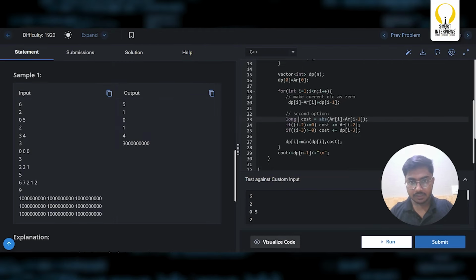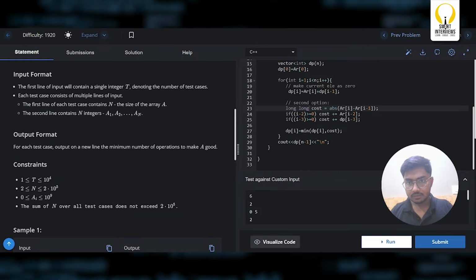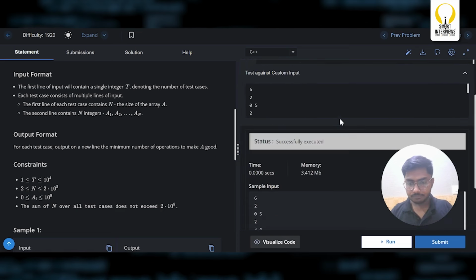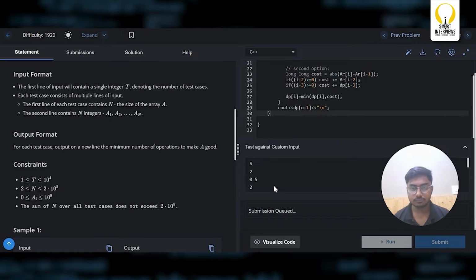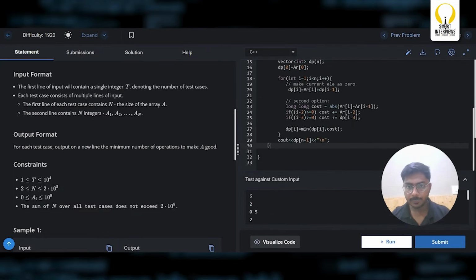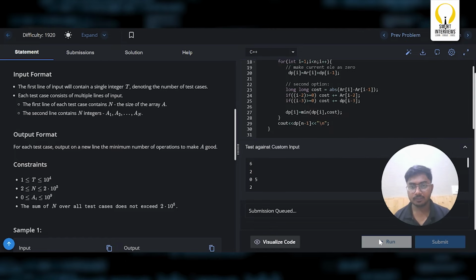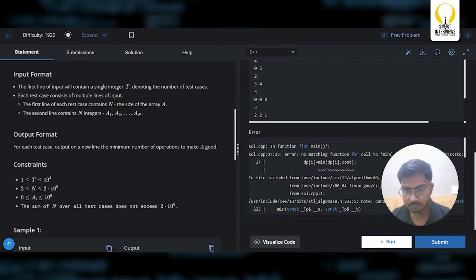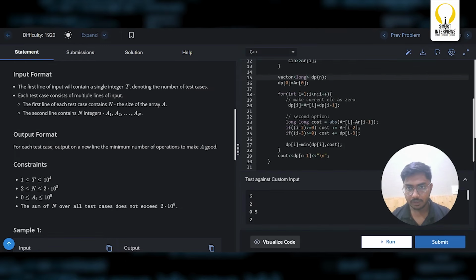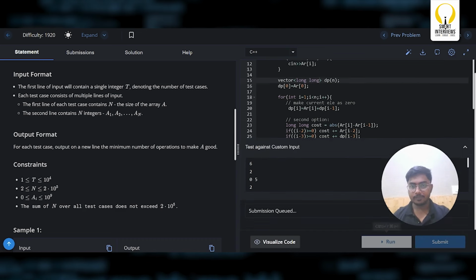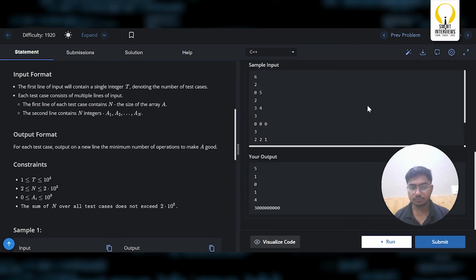I need to take this as a long, because we have large values. Somewhere I have taken a long, somewhere I have taken an integer. I need to write it as a long here also.